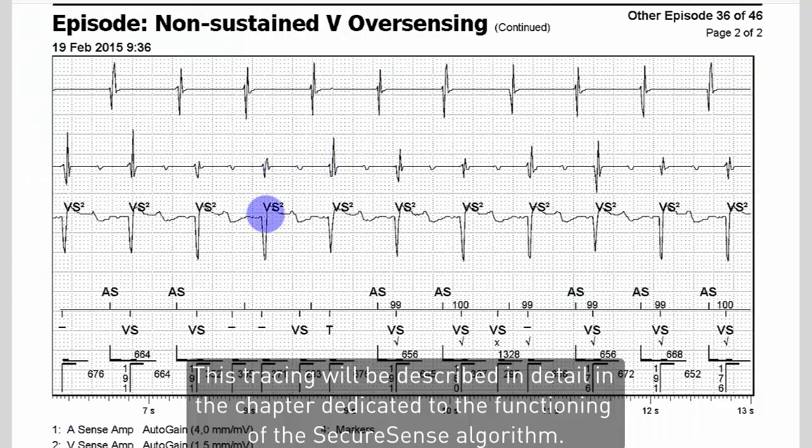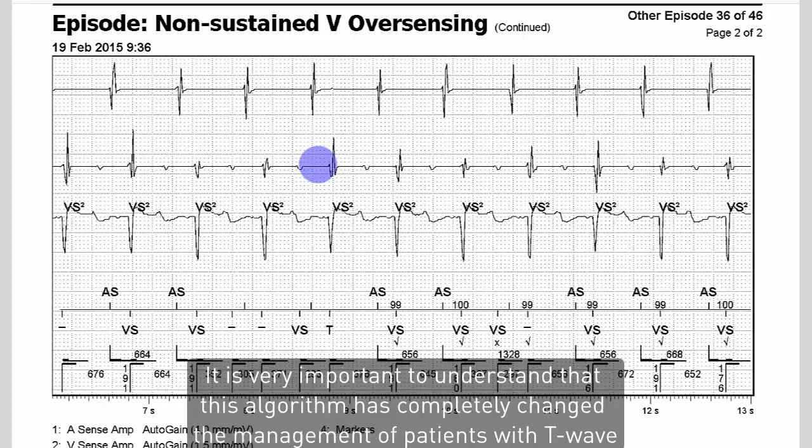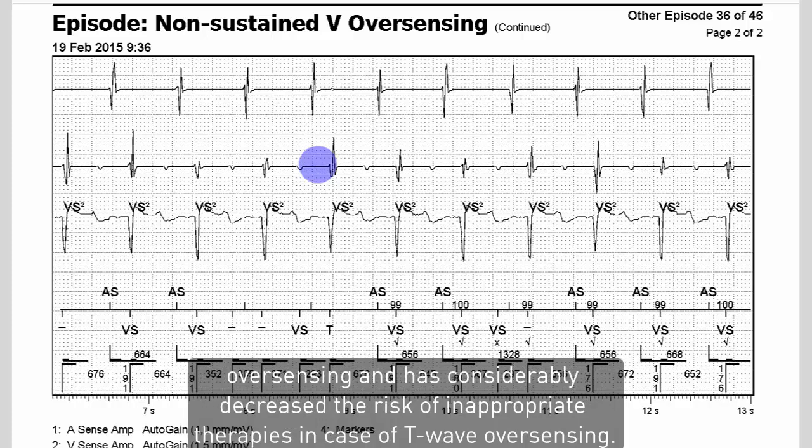This tracing will be described in detail in the chapter dedicated to the functioning of the SecureSense algorithm. It is very important to understand that this algorithm has completely changed the management of patients with T-wave oversensing and has considerably decreased the risk of inappropriate therapies in case of T-wave oversensing.